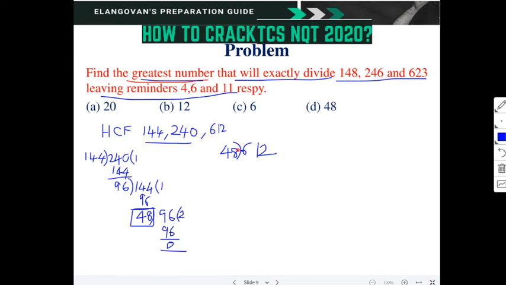So if you divide 612 by 48, what will be the number we'll get?